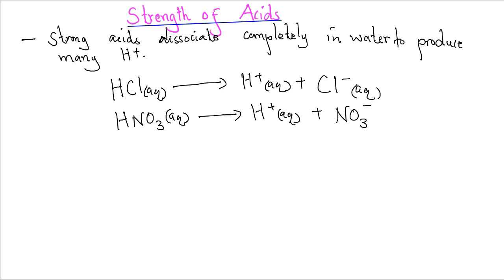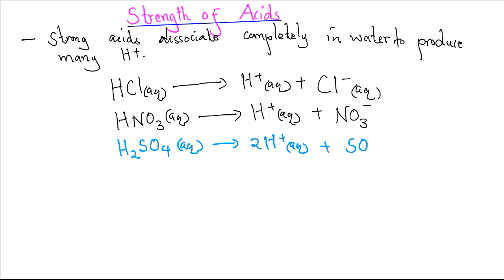Sulfuric acid gives 2 hydrogen ions and a sulfate ion. We have seen all the three mentioned acids are strong acids because they are able to ionize completely to give hydrogen ions when in water, and they are giving many hydrogen ions.